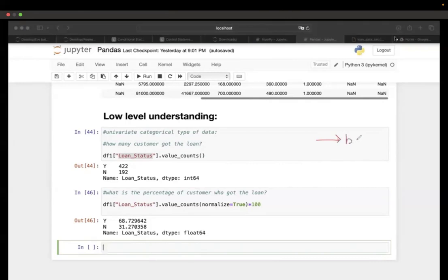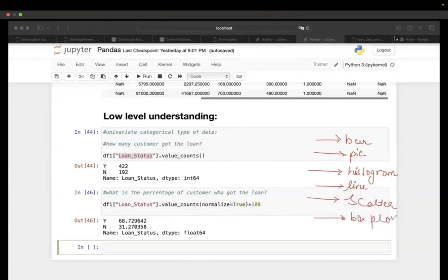Bar graph, pie chart, histogram, line graph, scatter plot, box plot.